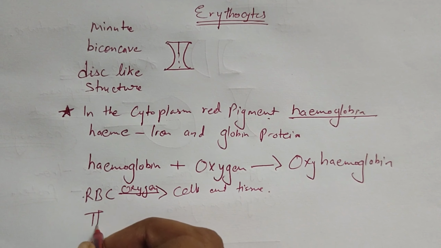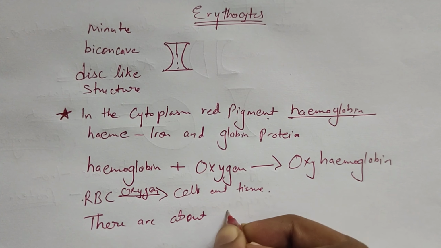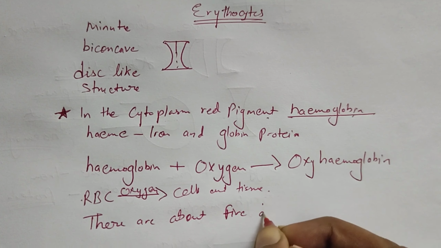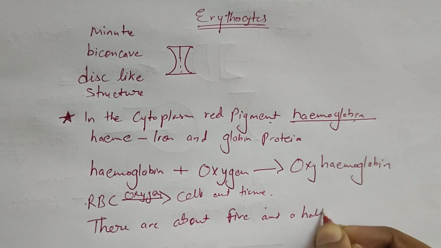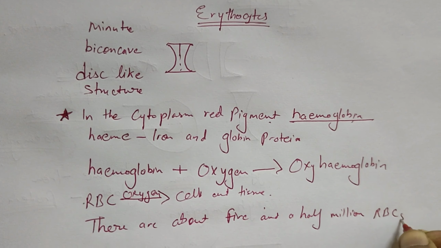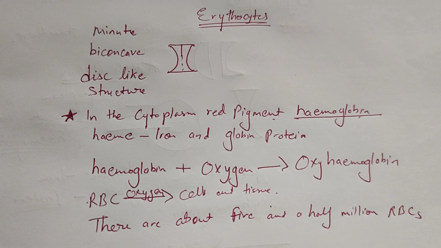There are about 5 to 5.5 million RBCs. In a previous video also I listed the RBC count.